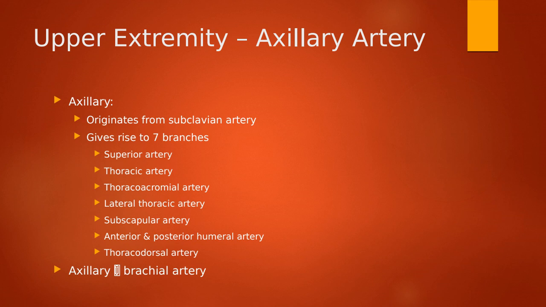Subscapular, going right underneath that scapula region in our back. Humeral artery, the humerus is the upper part of our arm, that's the bone in our arm, so that one's traveling more into the anatomy of our arm. And then the thoracodorsal, that back midline portion of our thoracic cage. Our axillary artery is going to become our brachial artery once it has given off those 7 branches. And this is typically the order that they're going to come off.